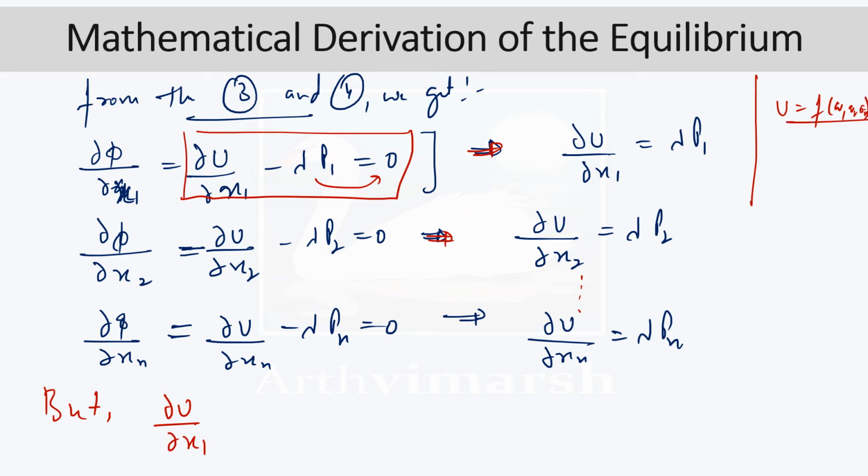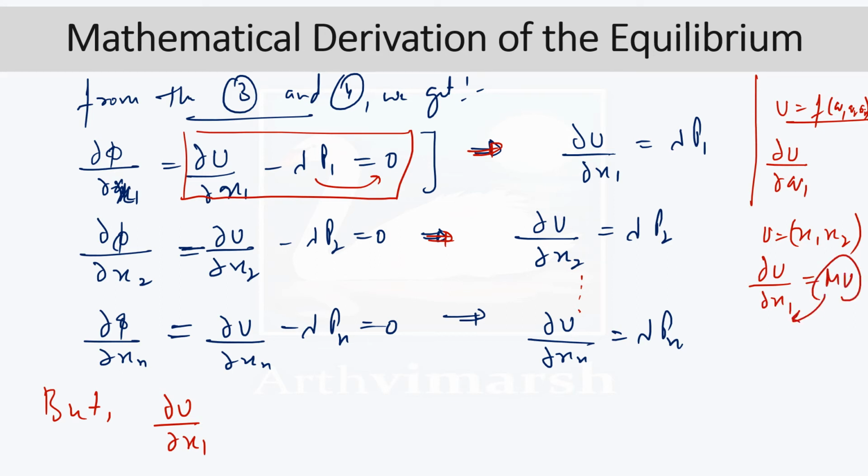If you differentiate this utility function with respect to a particular quantity, like when we talked about the two commodity case, the change in your utility with respect to the change in x1 is the marginal utility of x1.